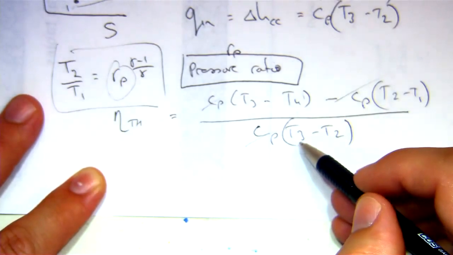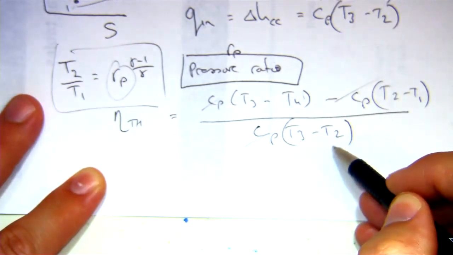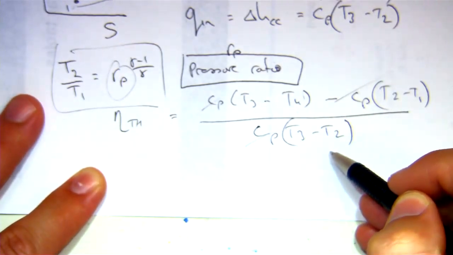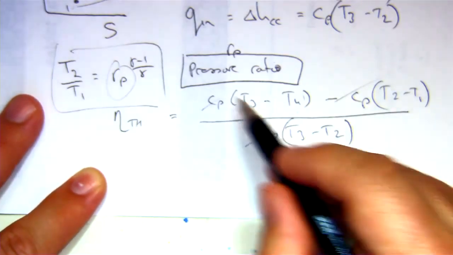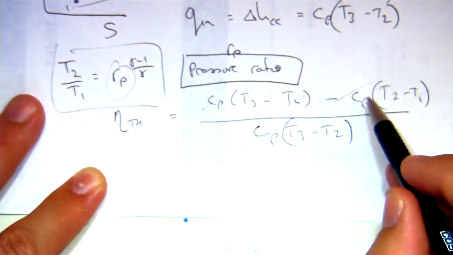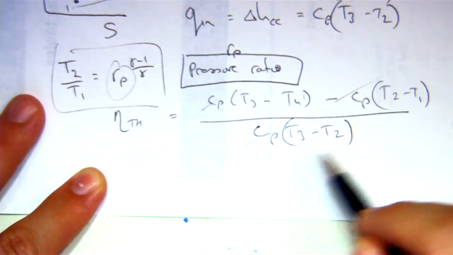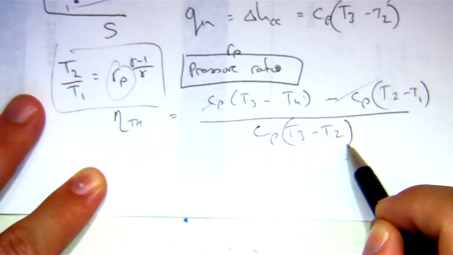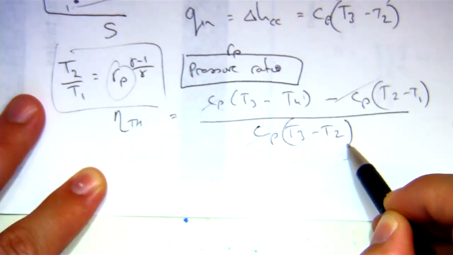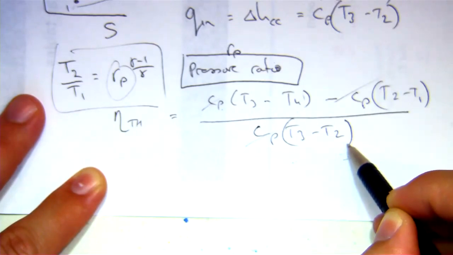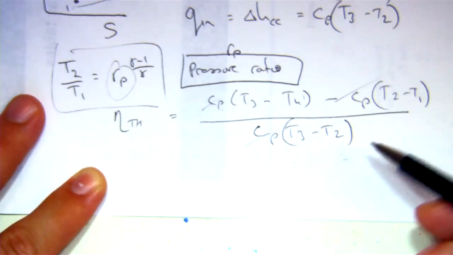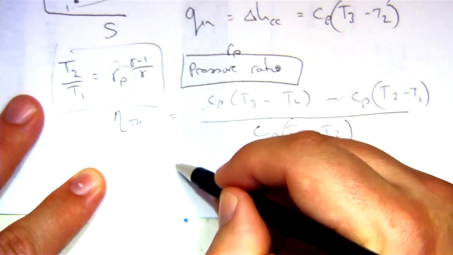And from here, I'm going to leave that as is for now. Why would I do that? Because if I take a T3 out of this and a T2 out of this, I've got a T3 and T2 at the bottom. So if I can factor out a T3 and a T2 from this guy, I can get rid of those terms. My job gets simpler and simpler. So let's do that.